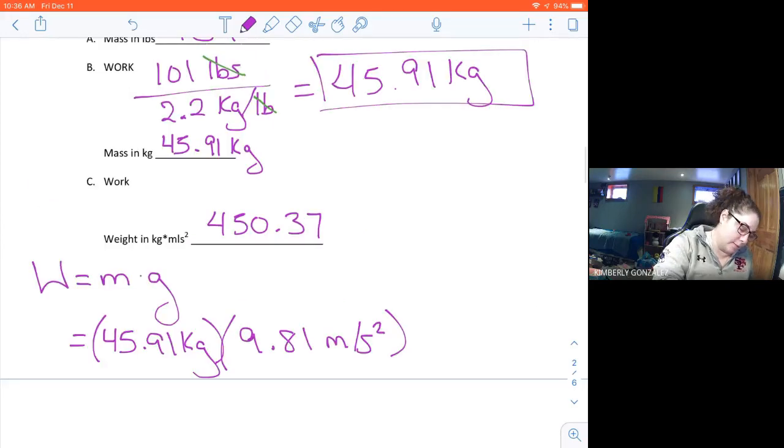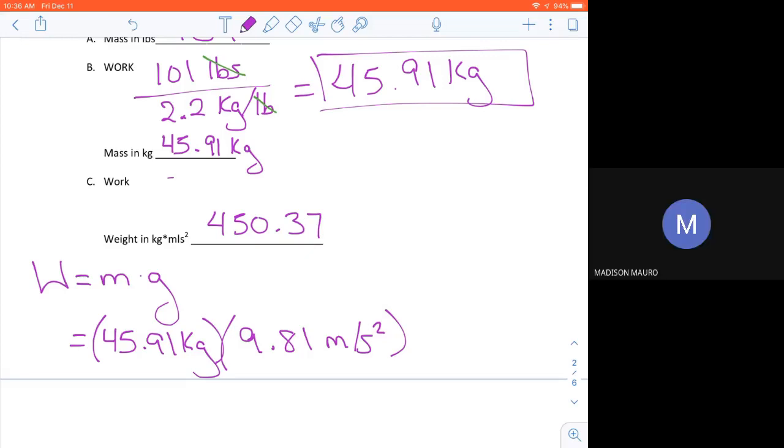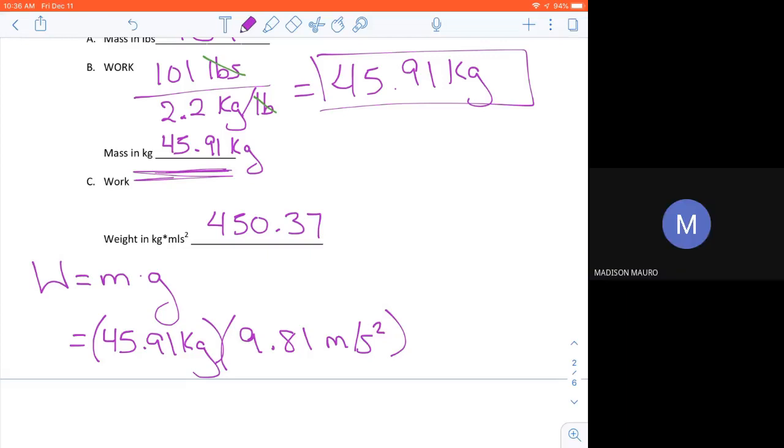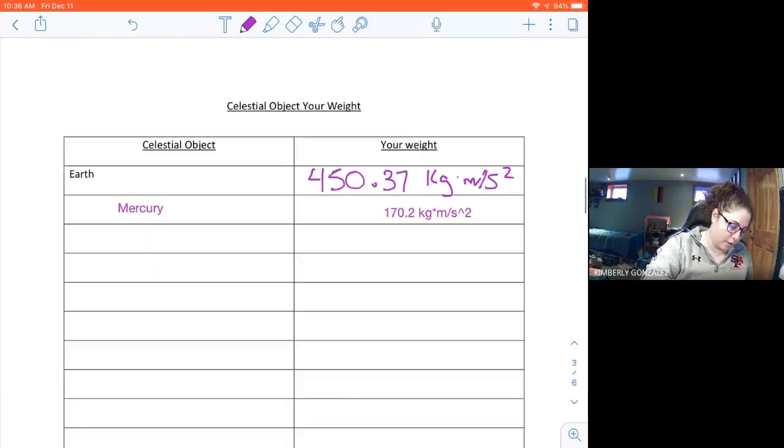Your mass in kilograms is the answer to B here. Oh, okay, I took the wrong number. Yeah, that number you're going to use for every single calculation that you solve for gravity. So now, Maddie, when you put that number in, do you get 3.71? Yeah. Okay, then you're doing it correctly.